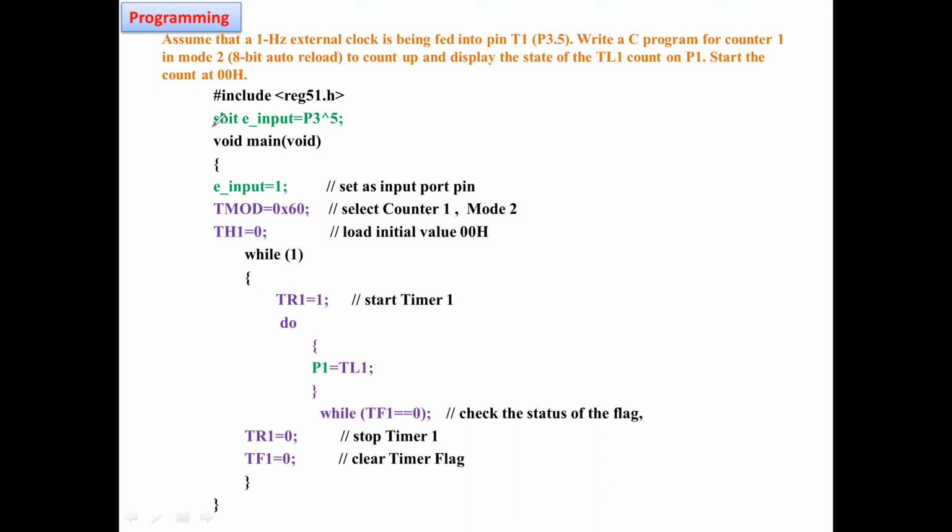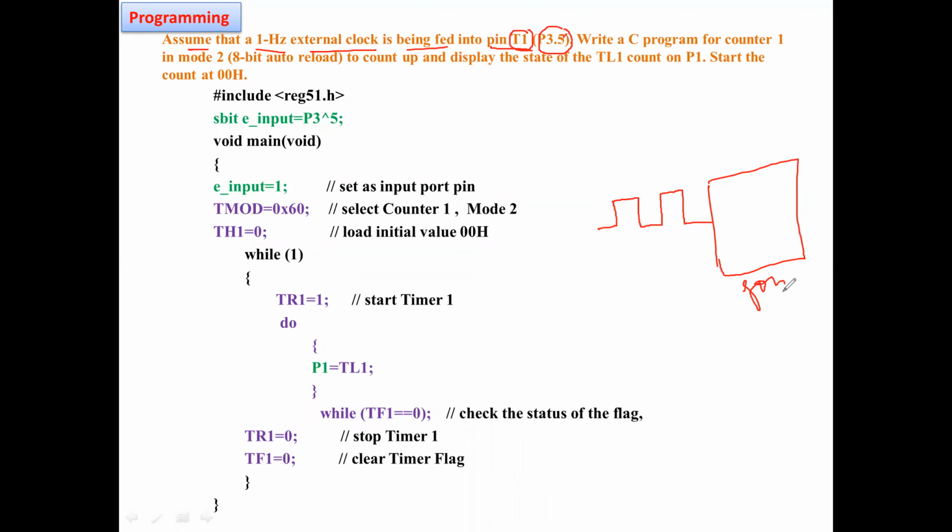Now assume that a 1 kilohertz external clock is being fed into P3.5, which stands for the pin T1, timer 1 external input. So this 1 kilohertz unknown frequency is the input to your 8051.